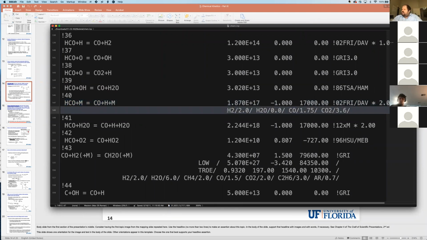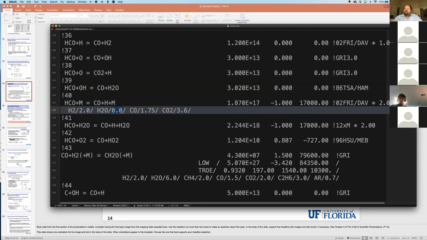And so you see in this string down here, you see H2/2, H2O/0, etc. These are how, in the ChemKin file, which is a very standard combustion chemistry code, this is the efficiency factor for H2 for this chemical reaction.